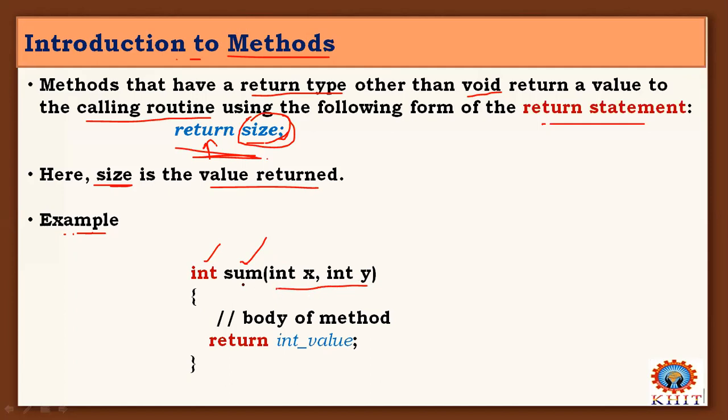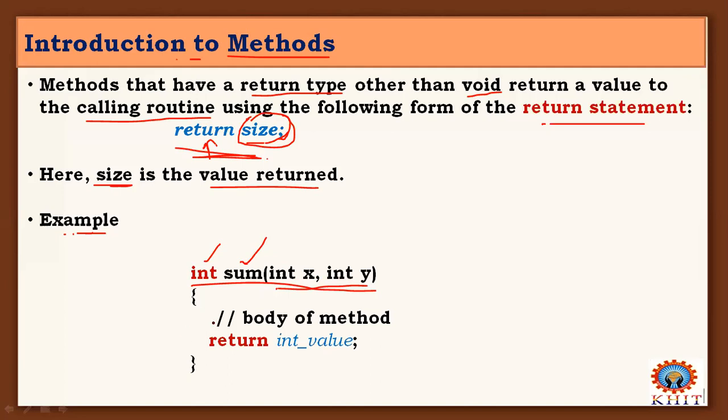When it is called, we need to pass these two integer values; that is mandatory. So that is the definition saying about this sum method. When we call this sum method, we should pass two integer values as parameters to this method, the same as functions in C.